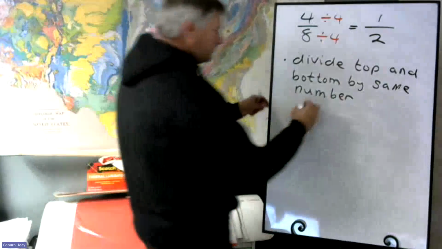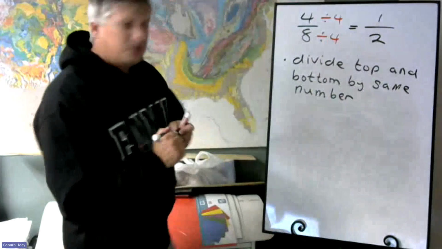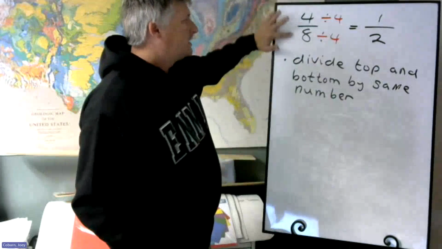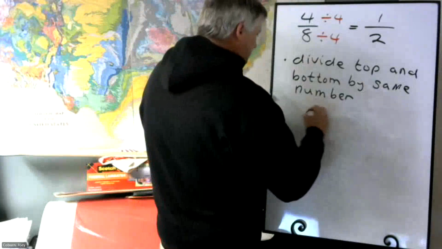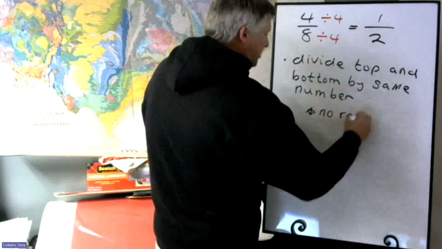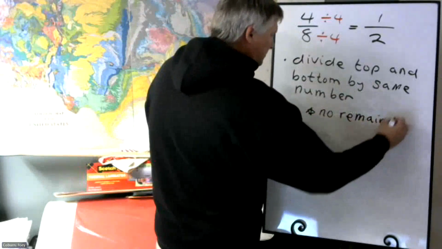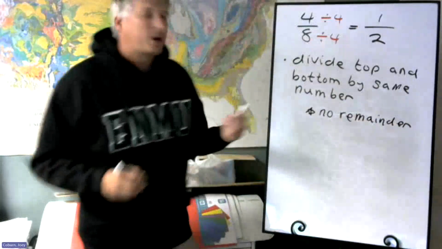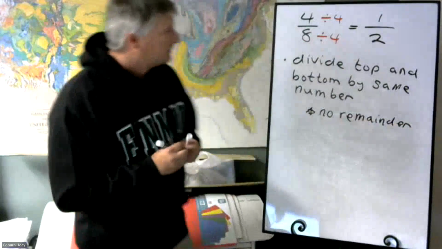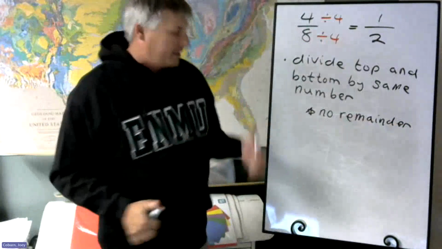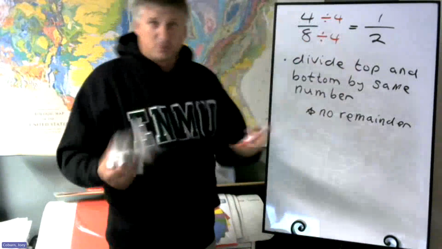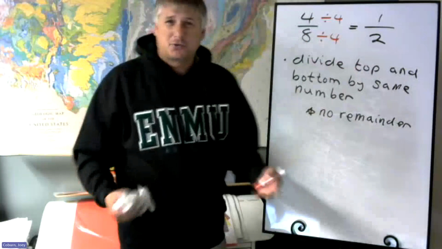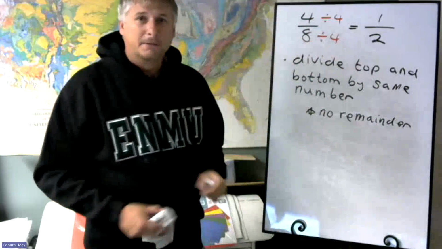And we want to make sure that when we divide by it, we're not going to get remainders. We don't want remainders. If we're going to get a remainder, then we're not going to try to divide by that number. So if we try to divide, say, by 3, 4 divided by 3 would give us a remainder. So we're not going to try to use 3 as our number.